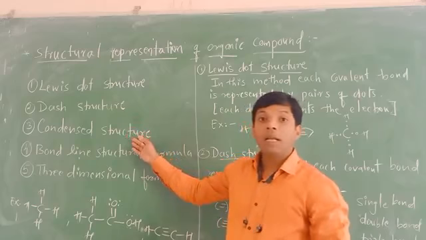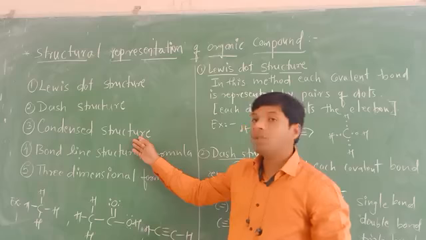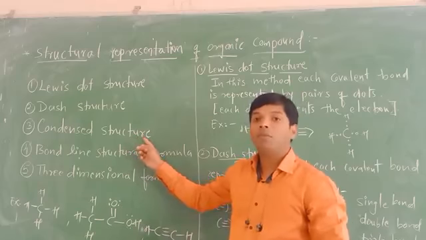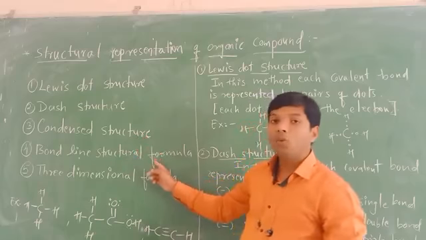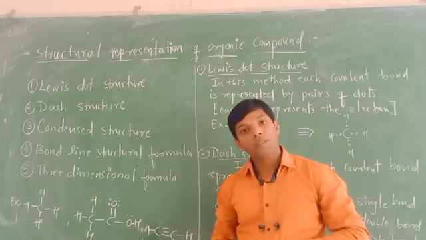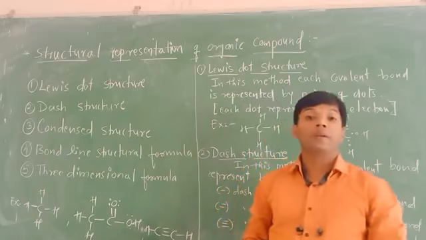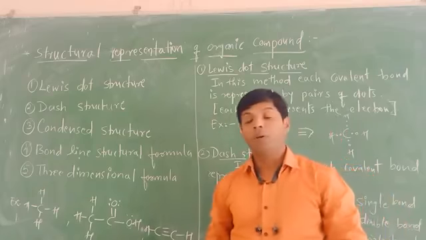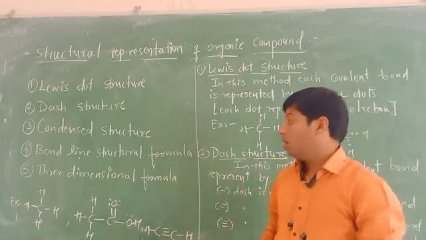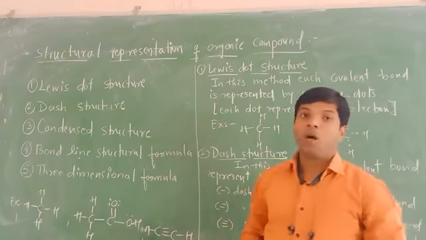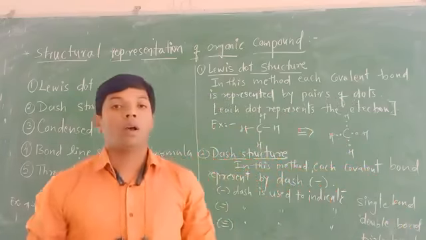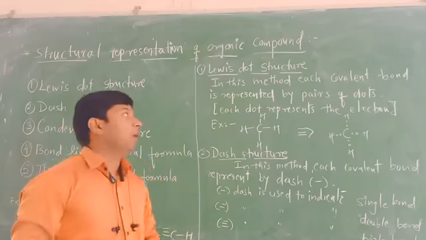Third, condensed structure, also called condensed structural formulae. Fourth, bond-line structural formula, also called bond-line representation of the organic compound. And next is the three-dimensional structural formula, also called three-dimensional representation of the organic compound.